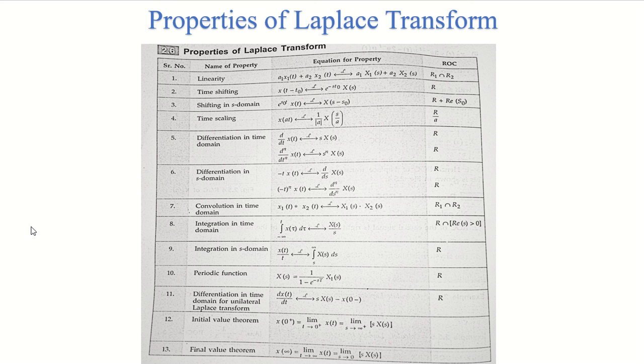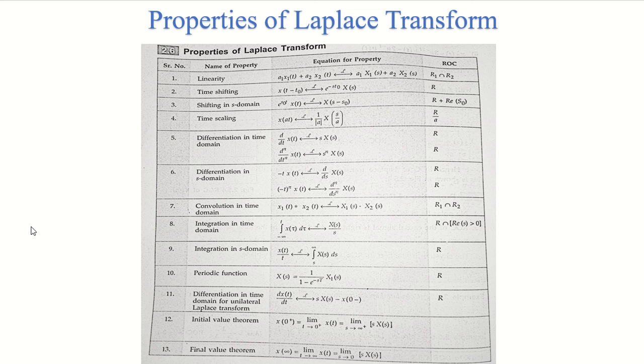In the same way you can find the integration in s domain as well. If you are taking the Laplace transform of your signal x of t divided by t, then you can take an integral from 0 to infinity of x of s ds. Again, its region of convergence will also be the whole R plane.